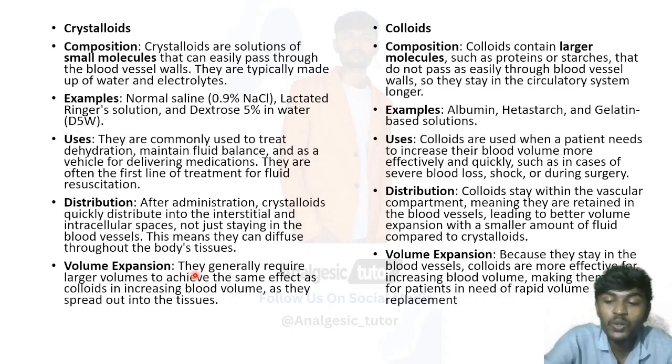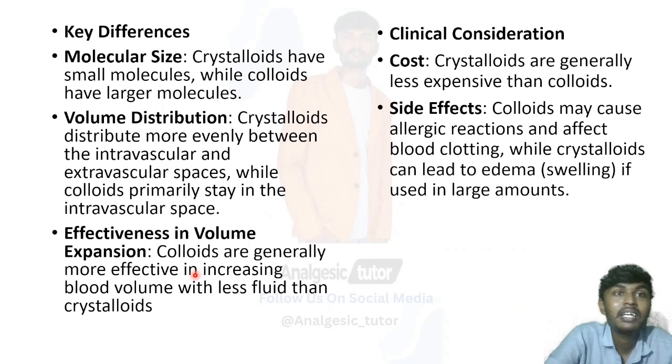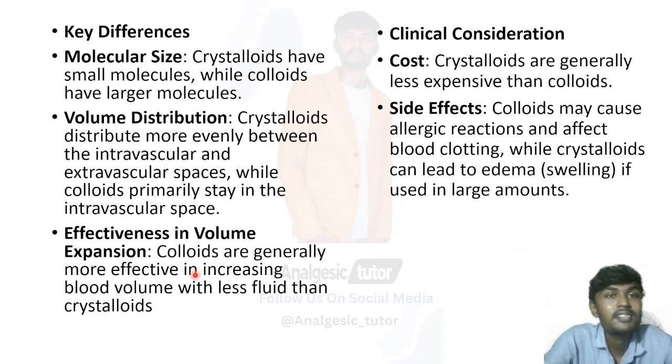Now the key differences. First, molecular size. Crystalloids have small molecules compared to colloids, which have larger molecules. Then volume distribution. Crystalloids distribute more evenly between intravascular and extravascular spaces, but colloids stay in the intravascular space.